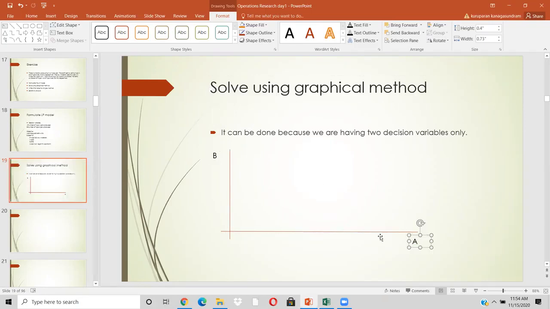You can have A there and B here, anything else. So one axis is for type B, and this axis for type A, meaning we can have the number of pens in each axis. Okay.